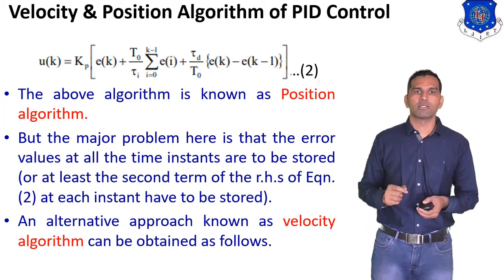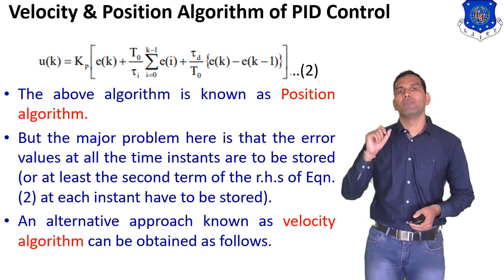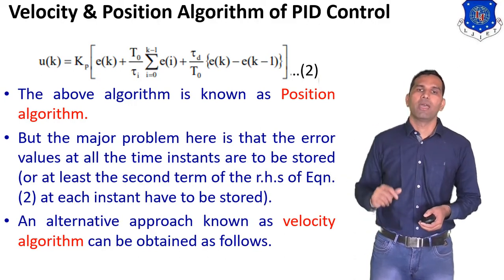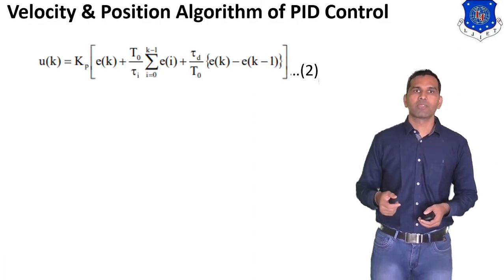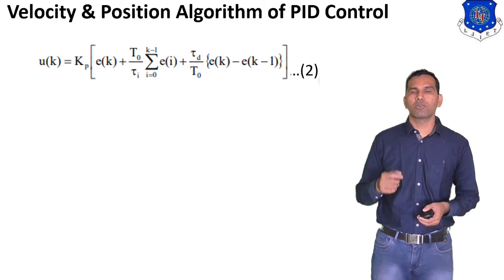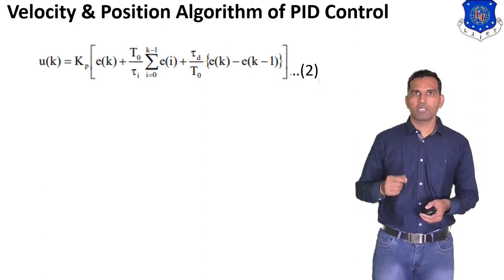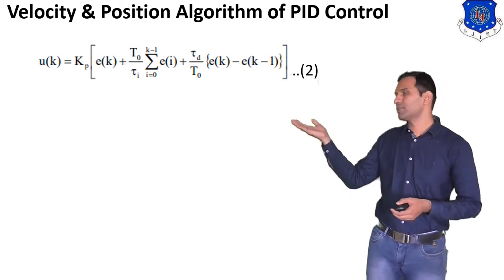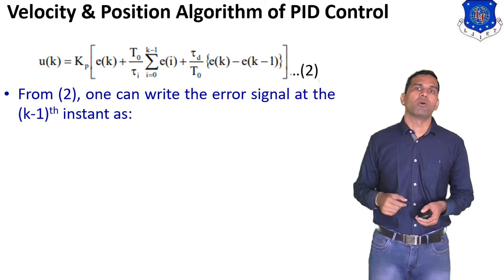An alternative approach is known as the velocity algorithm and can be obtained as follows. That means now we start a procedure to get the velocity algorithm. So we have the position algorithm equation, and now we start a procedure to get the velocity form.